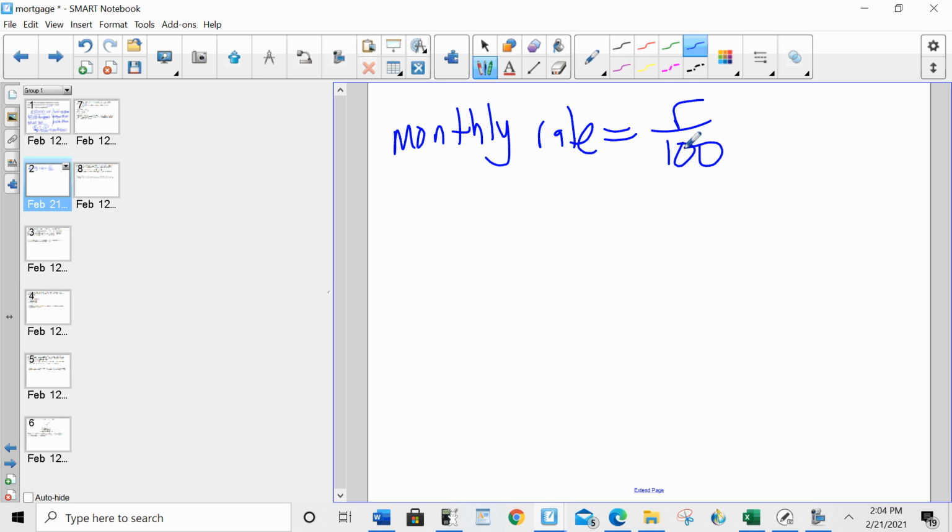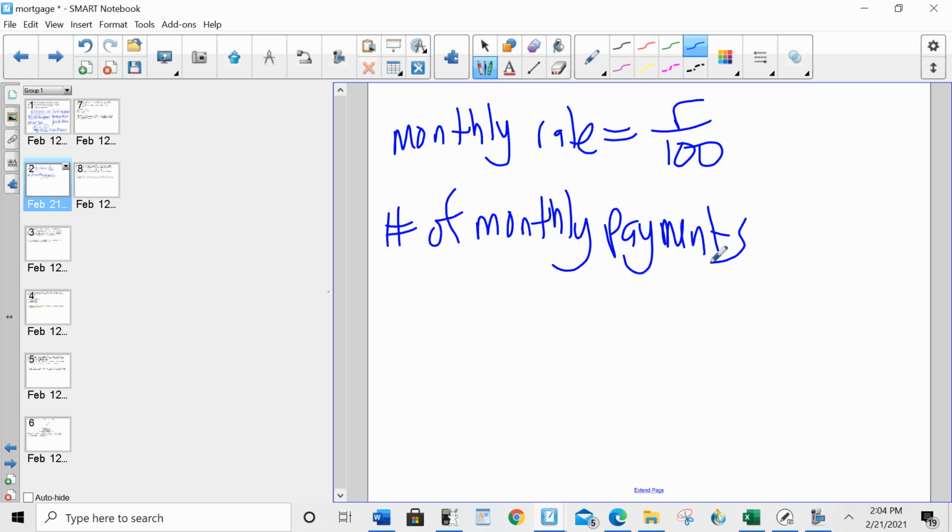And the other thing that's going to come up is the number of monthly payments. Well, how many monthly payments do I make in a year? That would be 12. There's 12 months in a year. How many monthly payments would I make in 2 years?